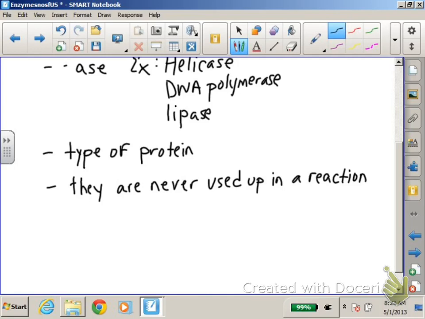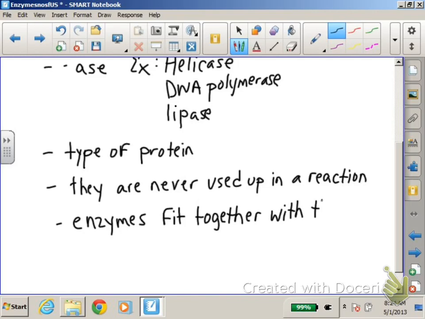Another thing is that enzymes actually fit together with what we call their substrate, like a lock and a key or a puzzle piece.